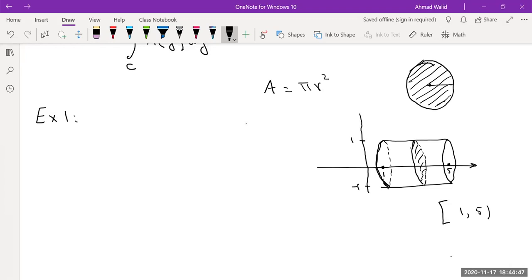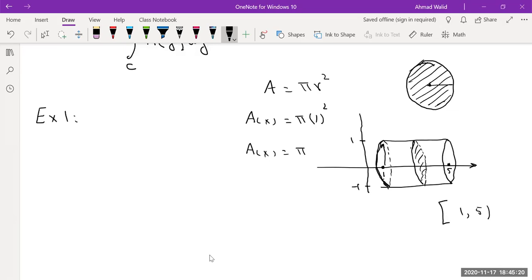For me, this here will be A(x) equals pi. How much is R? Your R from here to here is 1, right? Your R is actually 1 squared.